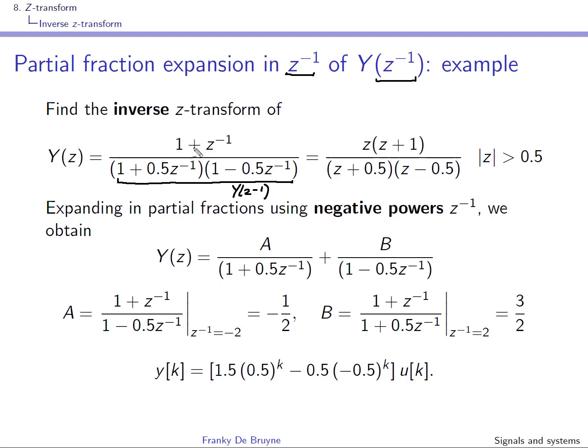You have to remember that the variable is z minus 1. Here the degree of the numerator is 1, the highest power of z minus 1, and the degree of the denominator is 2. The highest power of z minus 1 is 2, which yields z minus 2. So no, it is not necessary to do Euclidean division.